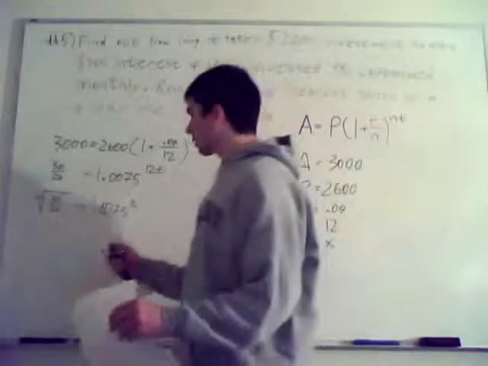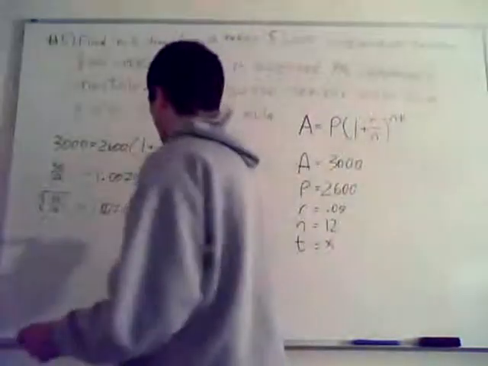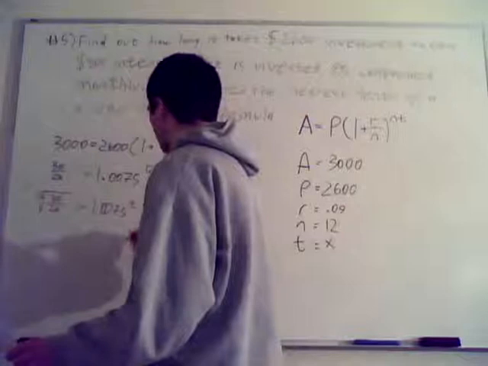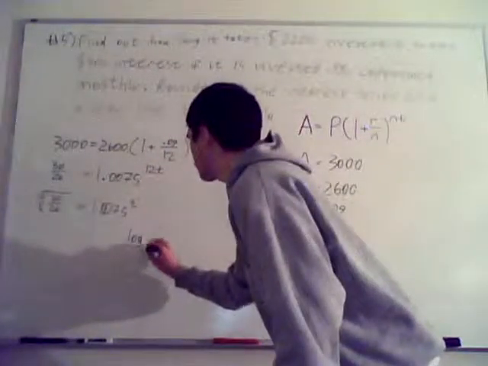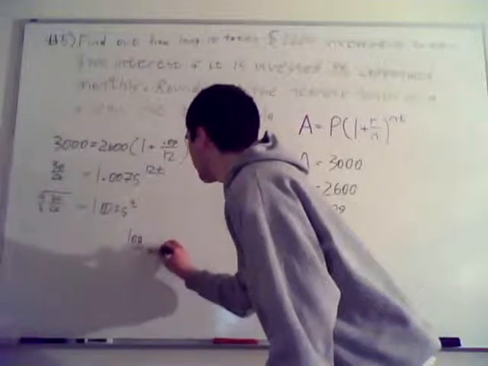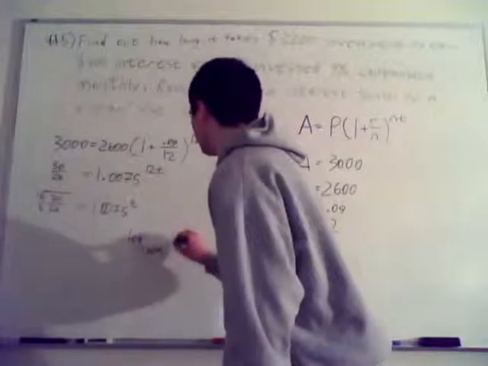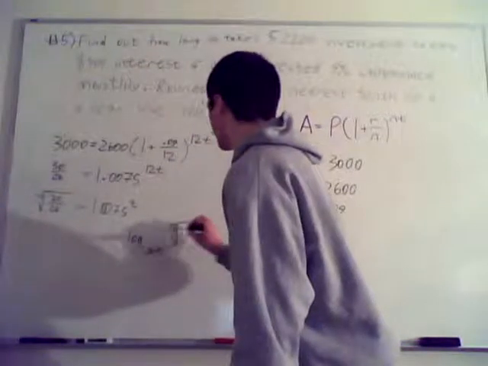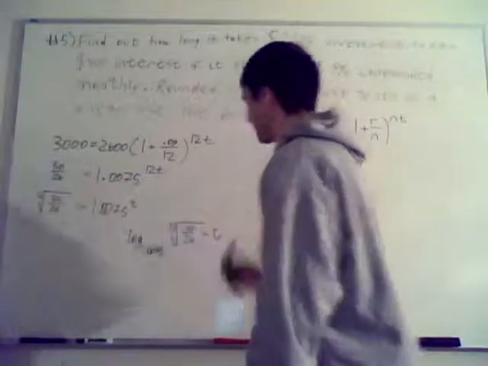So, what this means in logarithm terms, if you watched the previous problem, is that the log base 1.0075 of the number you're trying to get, the 12th root of 30 over 26, equals t.